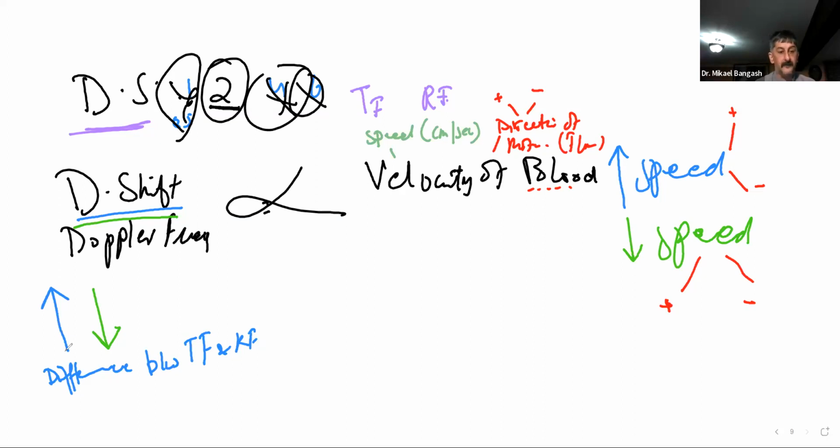If we had a great difference between those two frequencies, what the system will figure out from that is that the blood is moving at a great speed.